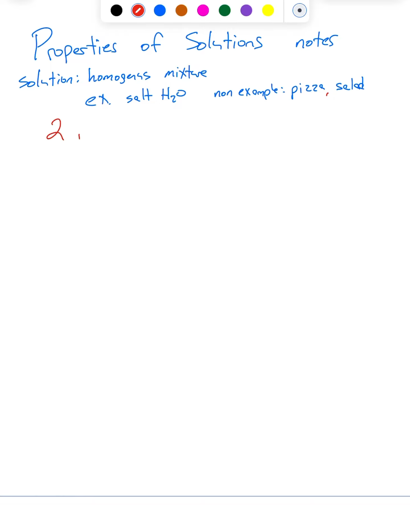So we're going to talk about two parts in a solution. We've got the solvent and the solute.